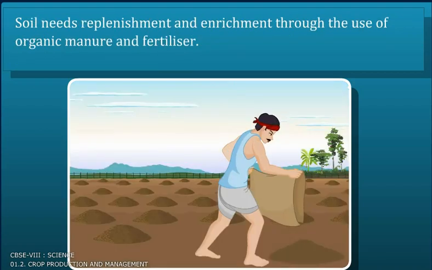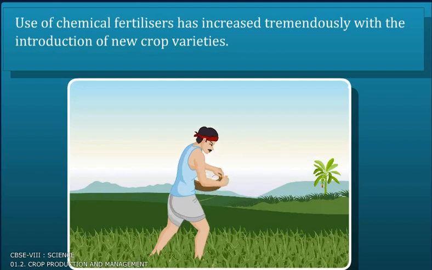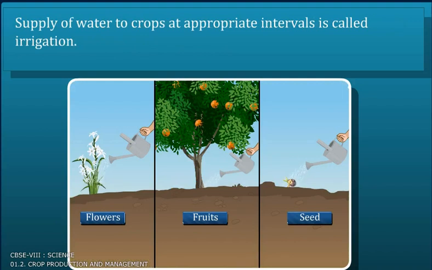Soil needs replenishment and enrichment through the use of organic manure and fertilizers. Use of chemical fertilizers has increased tremendously with the introduction of new crop varieties. Supply of water to crops at appropriate intervals is called irrigation.